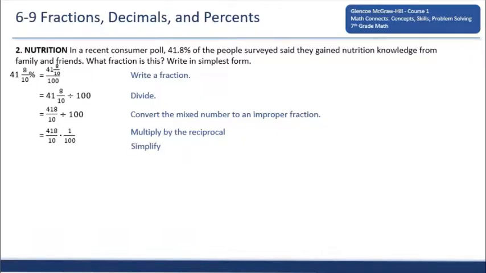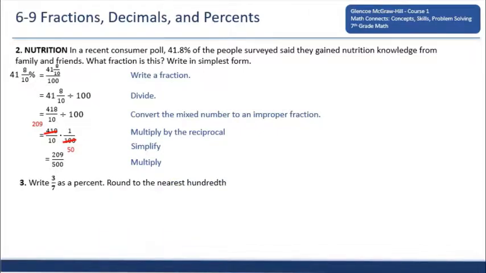And then we'll simplify. If we divide by 2, which is the easiest thing right off, we get 209, and then we get 50. And that is as simplified as it will get. So we multiply what's left. 209 times 1 is 209, and 10 times 50 is 500.